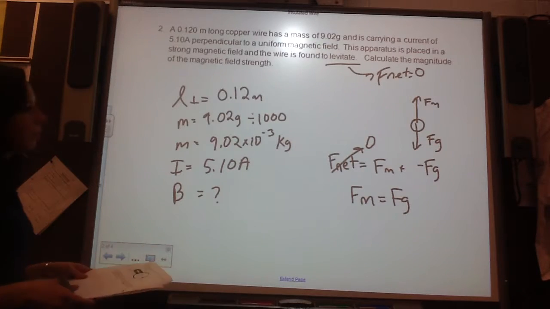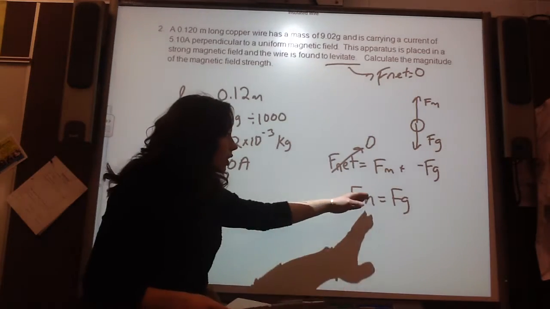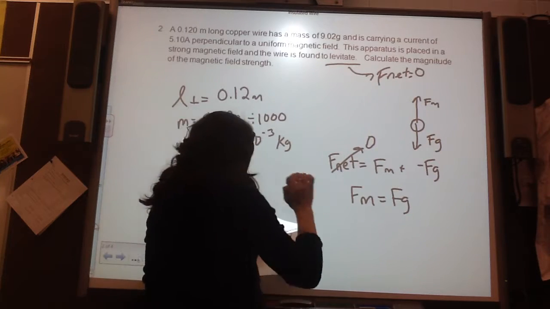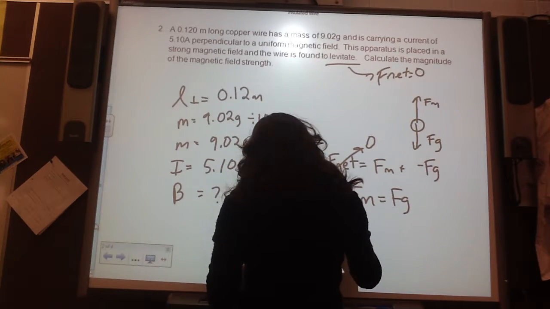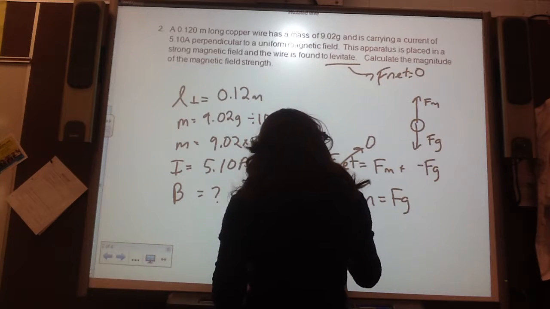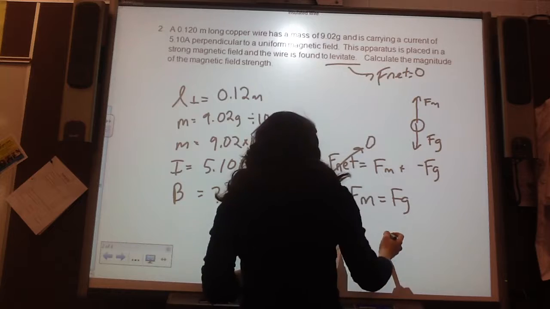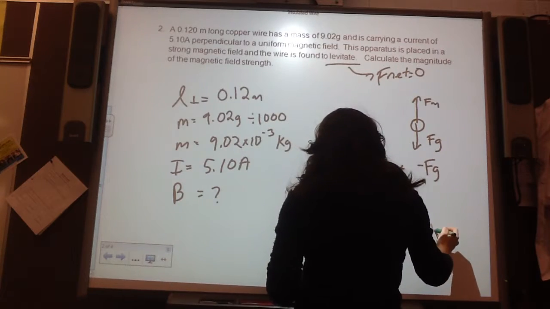Strength of magnetic field, not force. Okay, so now I'm going to expand Fm and Fg so that I can solve for this. So Fm, I can say is I times L perpendicular times B. And Fg is equal to m times g.